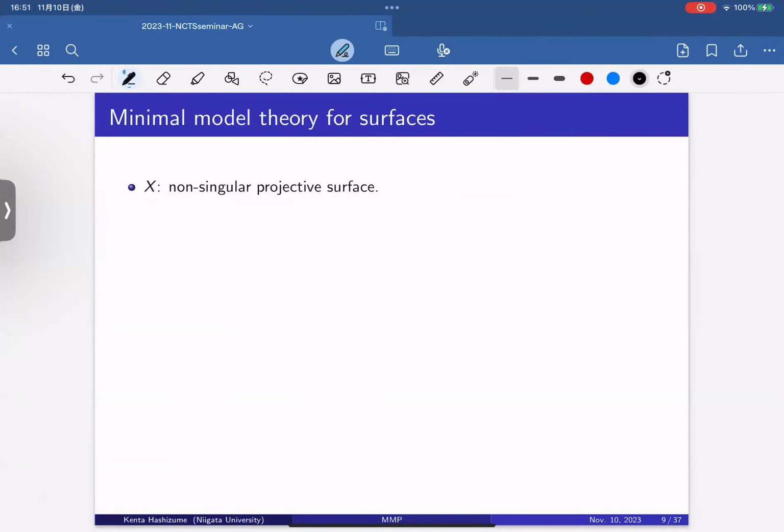Now I will explain the construction of the minimal model program for smooth surfaces.